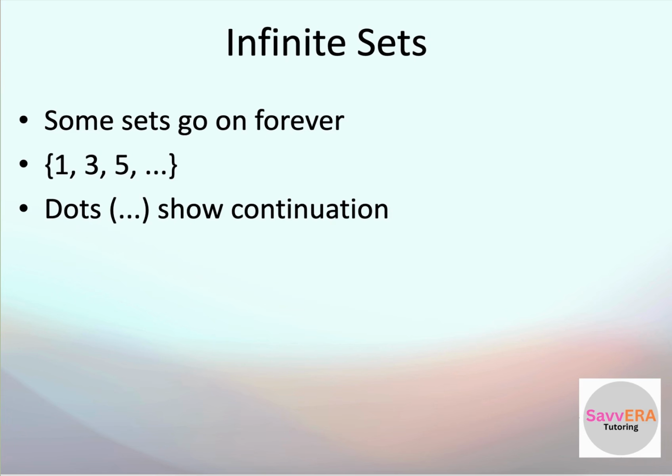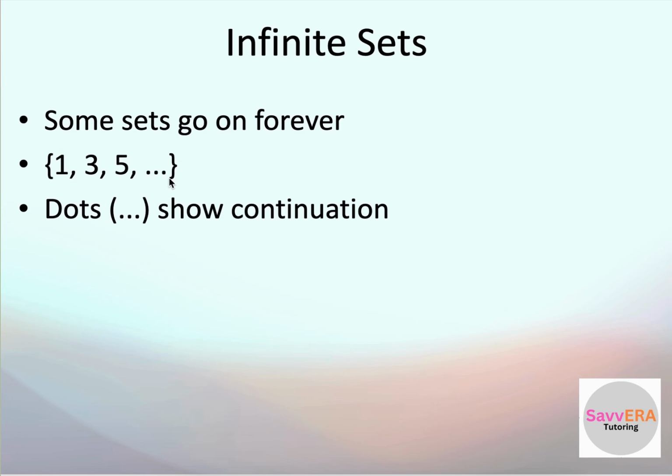Then infinite sets. Just like the word explains, infinity goes on forever. So some sets go on forever. For example, let's say we were writing all the odd numbers. We would write the parentheses and then put 1, 3, 5, and then put an ellipsis. An ellipsis is these 3 dots that show continuation.